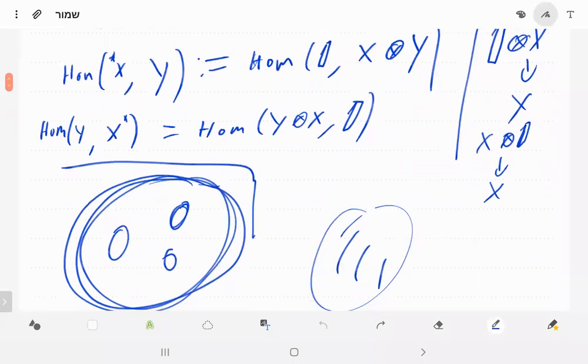And another funny thing that you get here: you remember this theorem saying that a group object in groups is an abelian group. And in fact, a monoid object in monoids is also an abelian monoid.